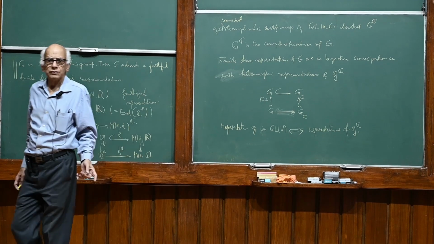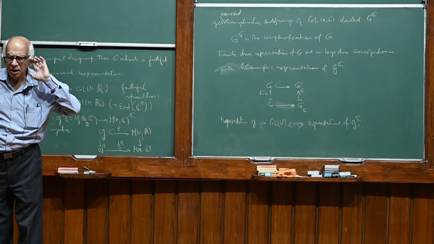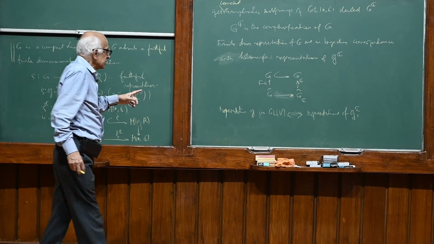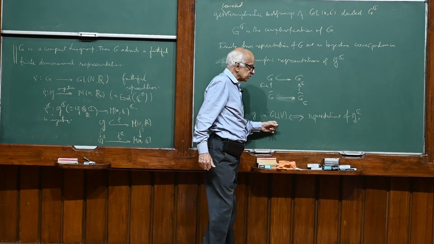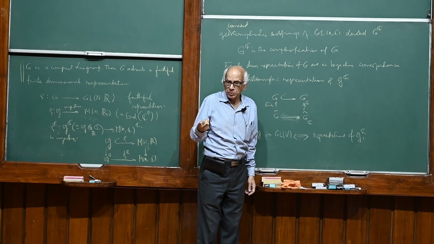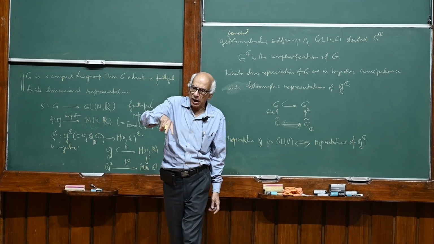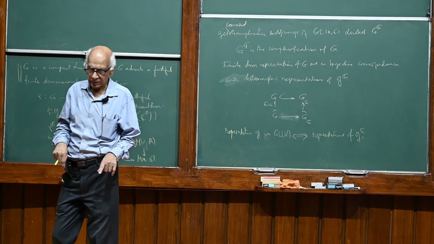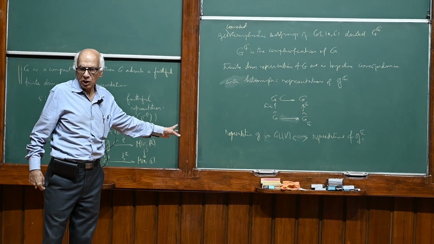Can you explain this thing once more? No, the point is that when you start with a complex representation and tensor it, for G_C you get two representations: the representation and its bar. You choose one of them to get a bijective correspondence. That's all I'm saying.